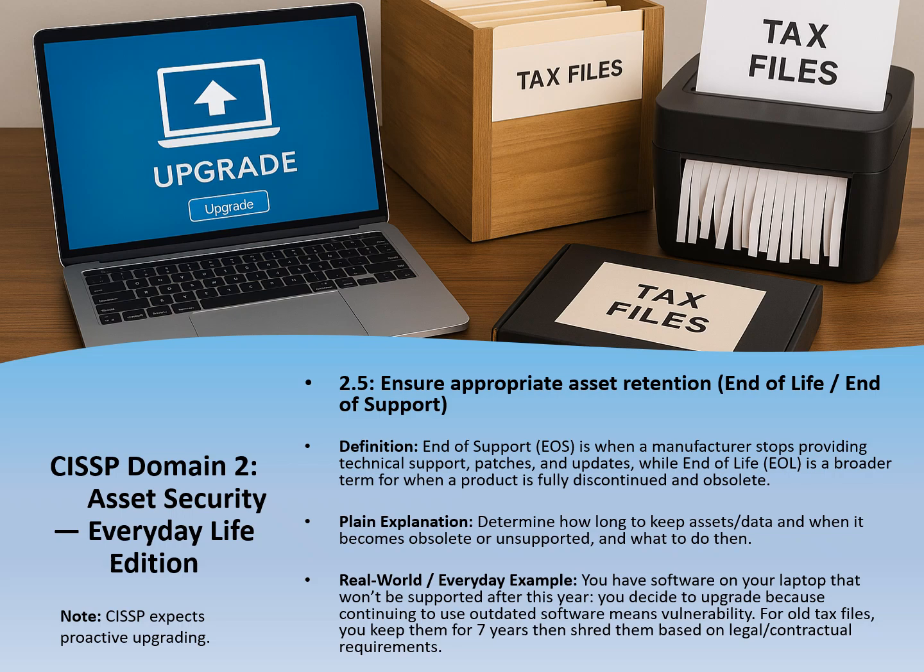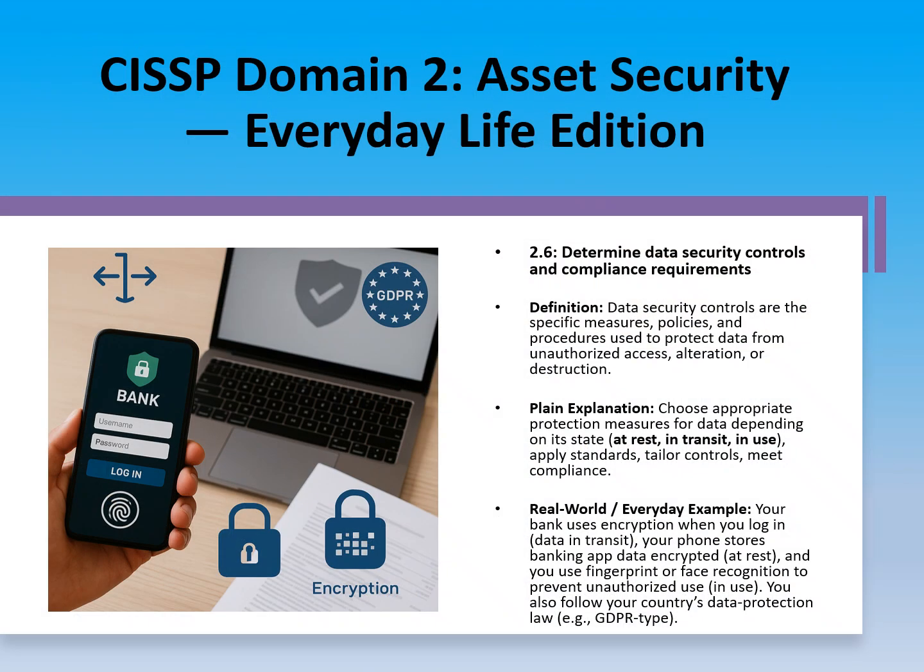Now that we've managed the full lifespan, let's look at how we actually keep the data secure in transit, at rest, and in use. Data security controls are the shields protecting information in every state: at rest, in transit, and in use. Your bank encrypts data when you log in.